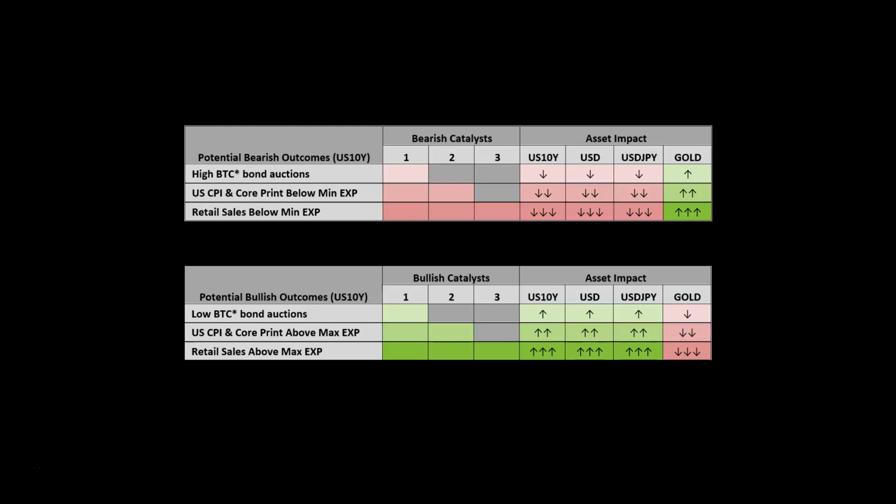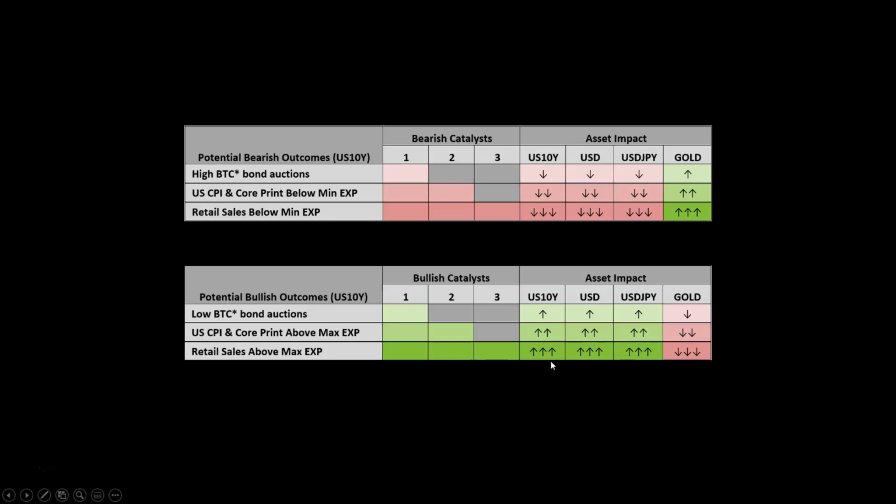Similarly to the bearish factors, with the bullish one looking at core and CPI, if we see that printing above the market's maximum expectations, similar asset price reaction there expected: upside in yields, upside in the dollar, upside in USD yen, downside in gold. And then of course looking at retail sales, if we see that printing above the market's maximum expectation, expecting that to see a similar type of reaction in the markets.